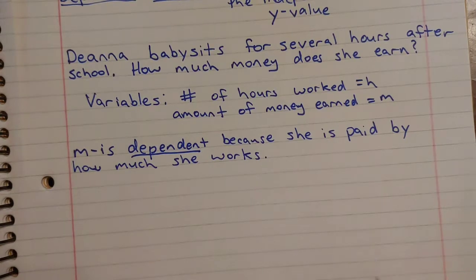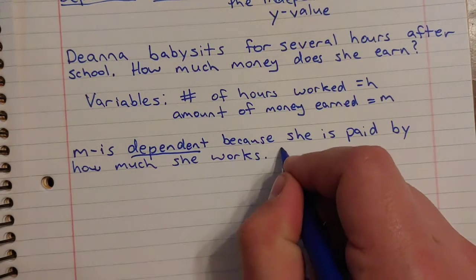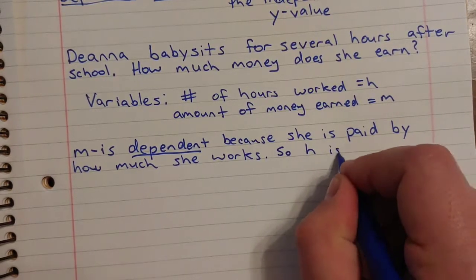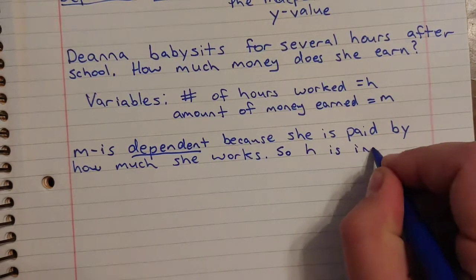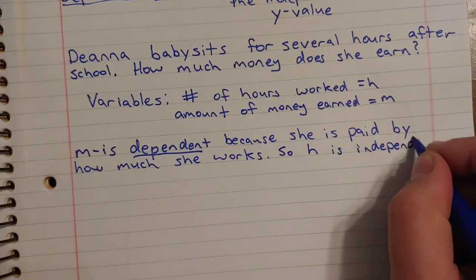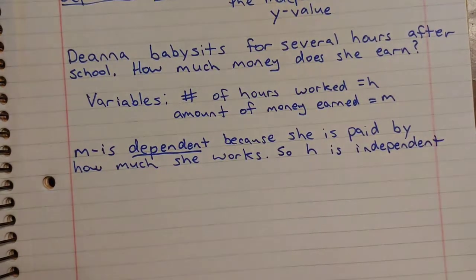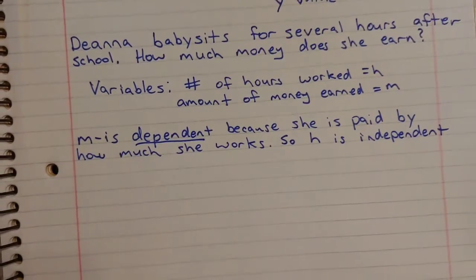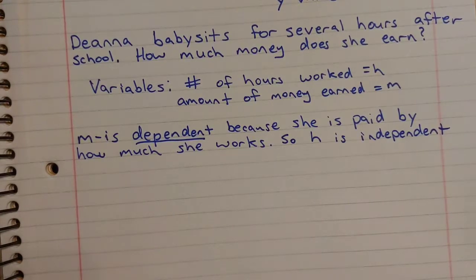So that means H is independent. So if Deanna works, let's say she gets paid $7 an hour. If she works 1 hour, she gets paid $7.